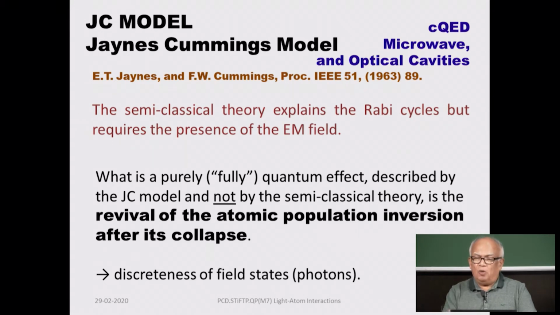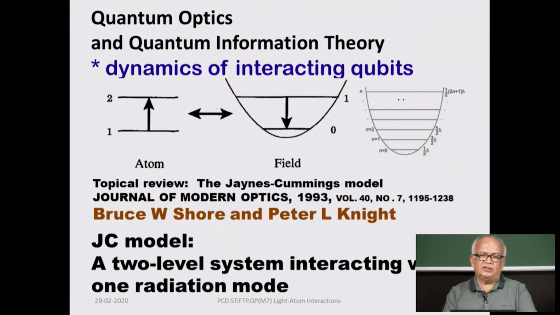Whereas the quantum nature of the electromagnetic field, which is addressed in the Jaynes Cummings model, you take into consideration the discrete states of the electromagnetic field in terms of the photons, and they will also account for the revival of the Rabi oscillations.